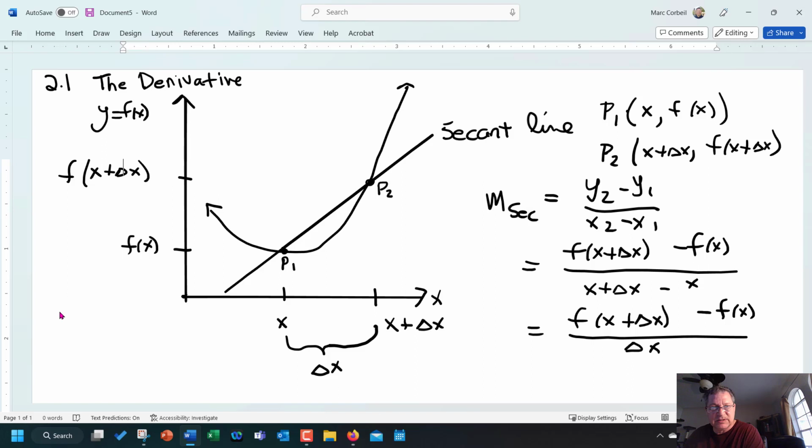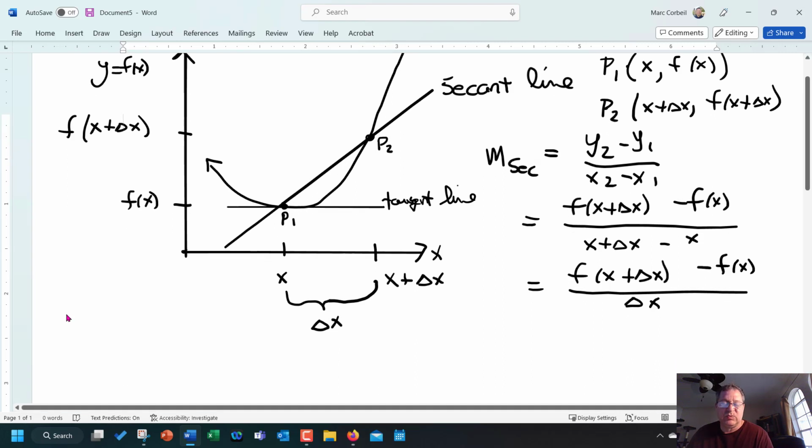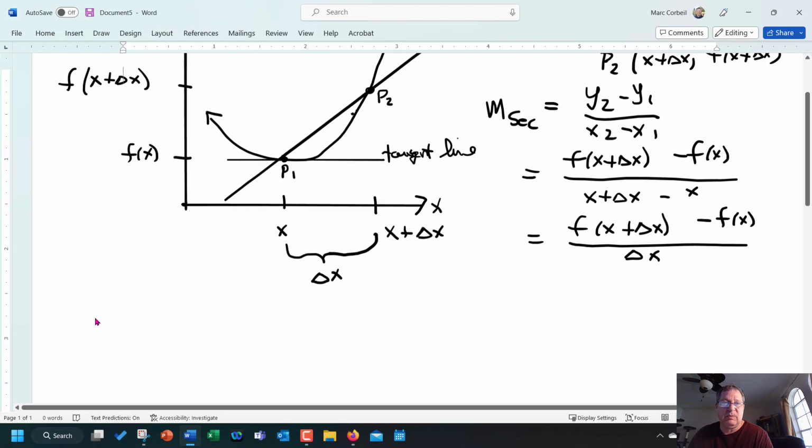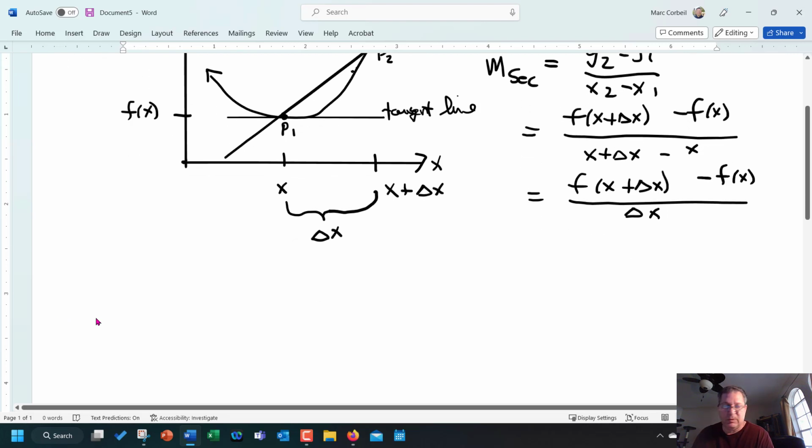But that would give us this line here. And that would be the tangent line. And what we're doing here is making that delta x smaller and smaller. So we would start here, do a tangent line there, there, and eventually we get here. So that's how we're going to state it, and we're going to define it that way when we define the derivative.